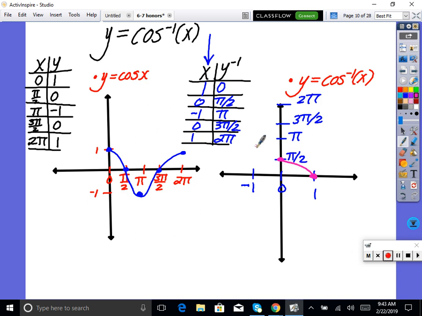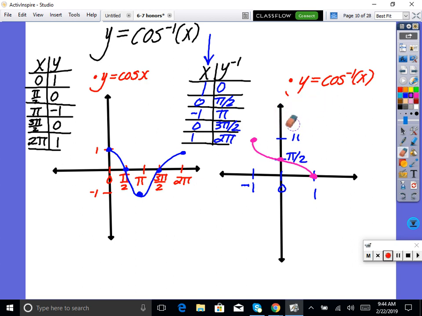Over negative 1 up pi. Has there been any problems yet? No, all is good. Now let's see if we need to keep going here. If we go over 0 up 3 pi halves, that's right here. Now aren't we double dipping? So we just stop. The restriction was a little bit easier than sine.